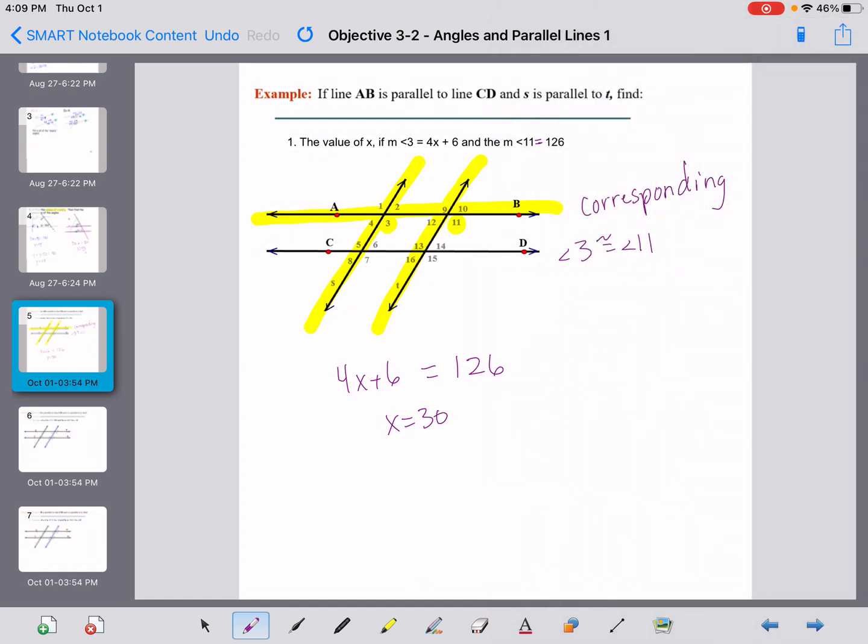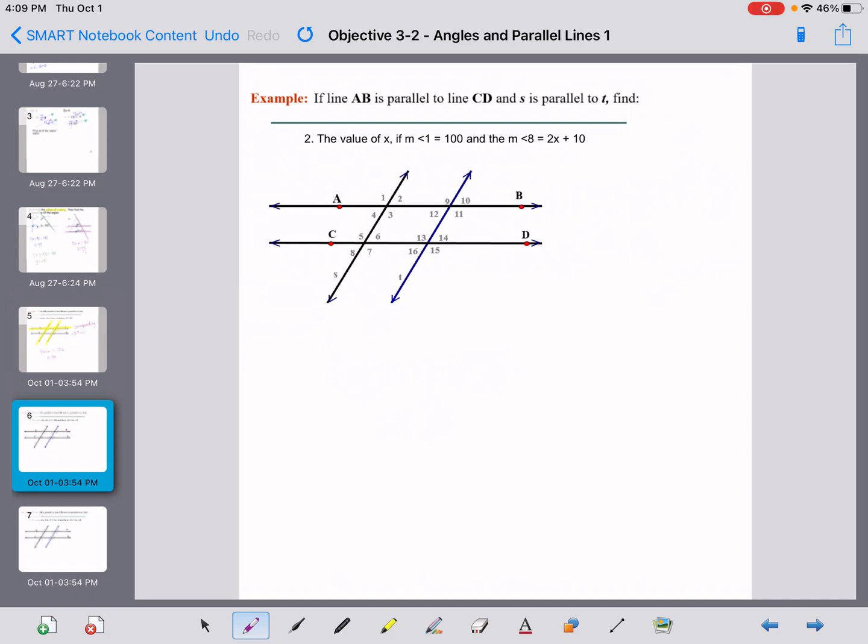All right, next example. We're looking at angle 1 and angle 8. So it's touching this line and now it's touching these lines. So angle 1 and angle 8 are on the outside of parallel lines and they're on the same side. So these are consecutive exterior.